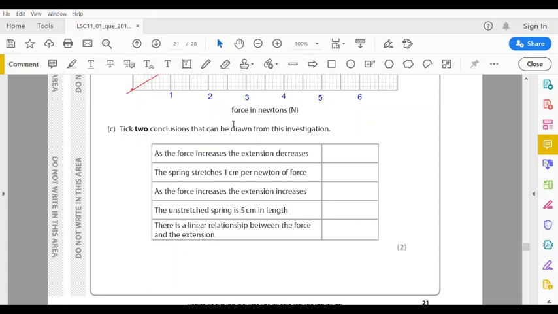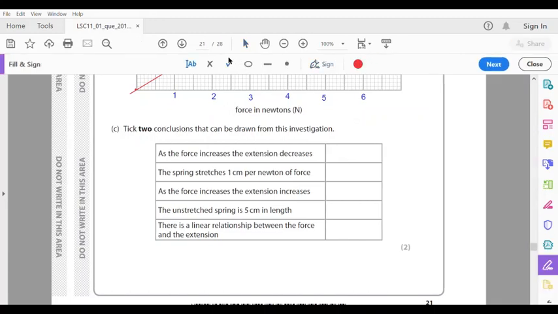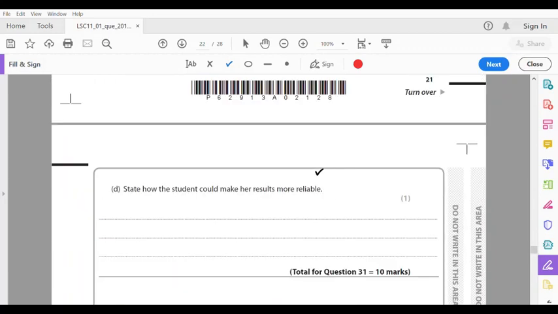Take two conclusions that can be drawn from the investigation. So you can see as the force increases, extension increases, and also there's a linear relationship between the force and the extension. Next one, state how the student could make her results more reliable.